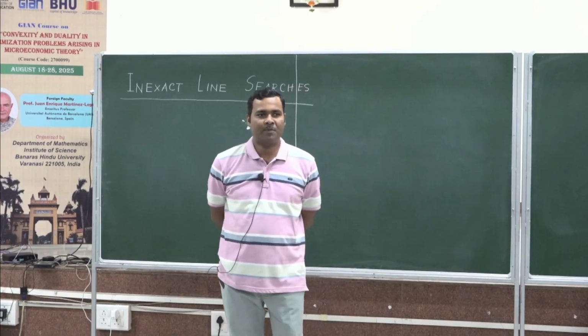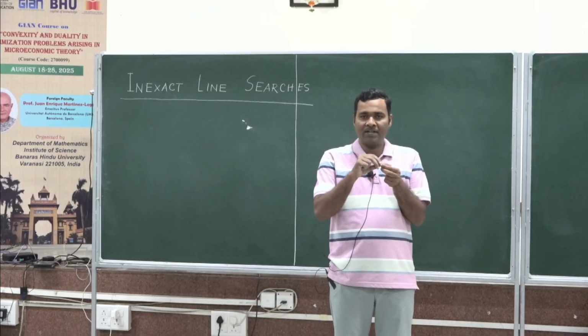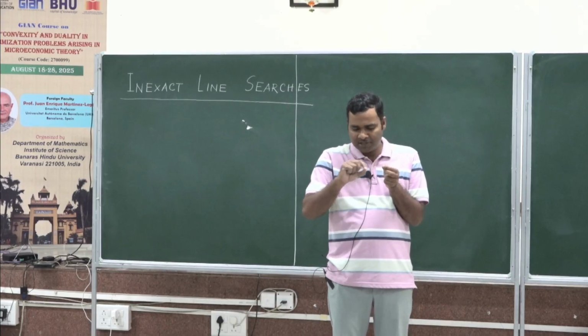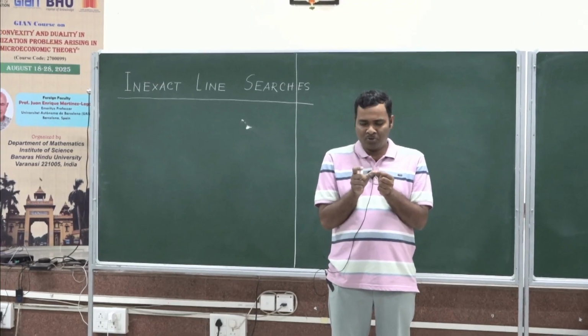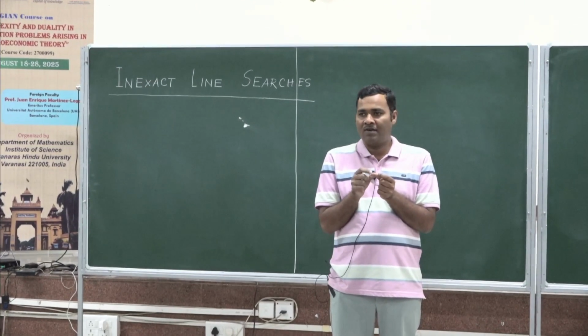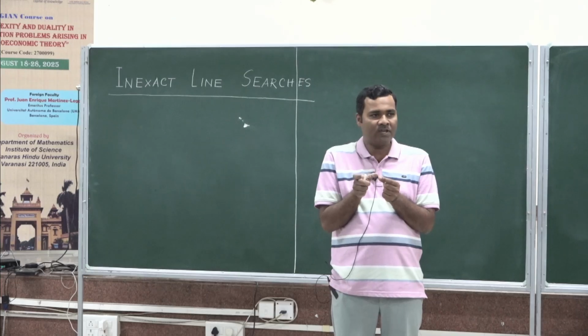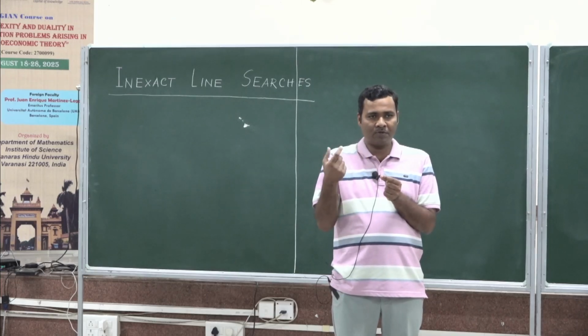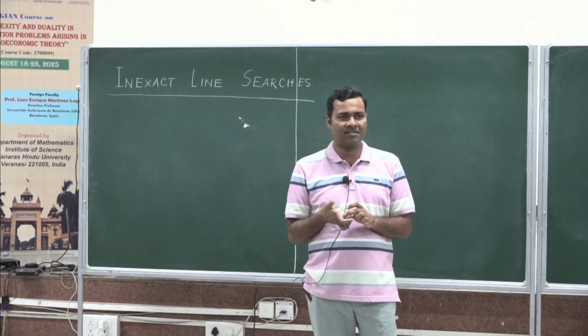And then I was mentioning that you start from an initial point x naught, then search for a descent direction, take a step length, and while choosing this step length, we can go for figuring out that particular alpha for which the minimum most value of the function along this direction occurs. Then that alpha is called as exact line search.